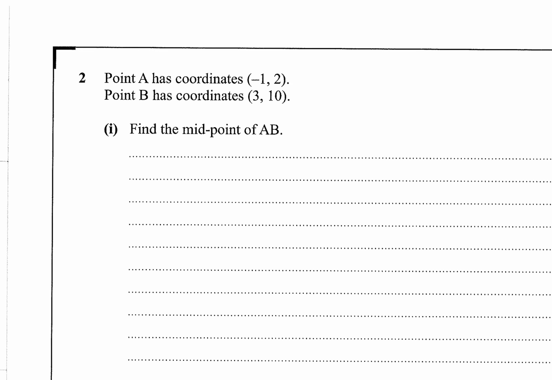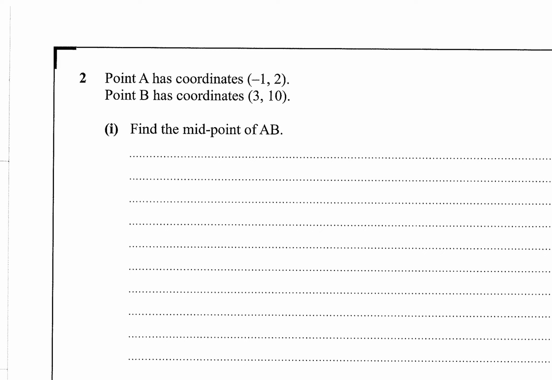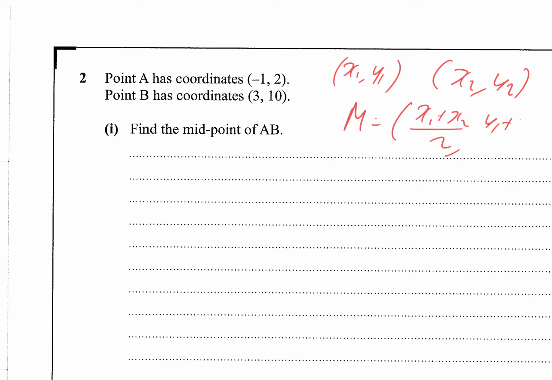Right, really, really easy, this question. This is unbelievable. This is on an A-level maths paper, to be honest. It says find the midpoint of AB. Your midpoint formula: if you've got two points, (x1, y1) and (x2, y2), your midpoint is ((x1 plus x2) divided by 2, (y1 plus y2) divided by 2).